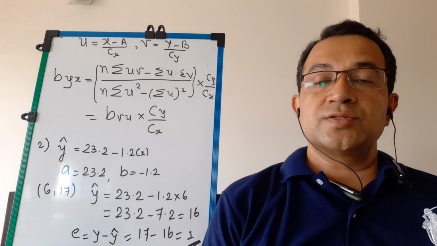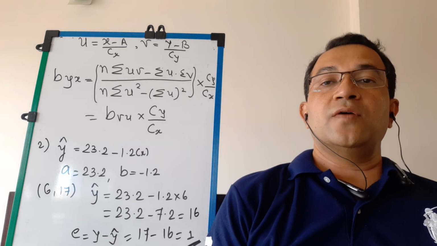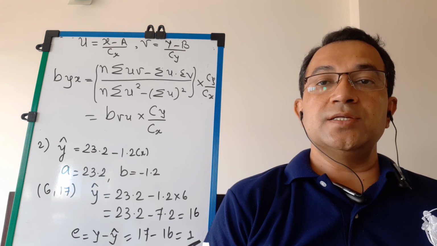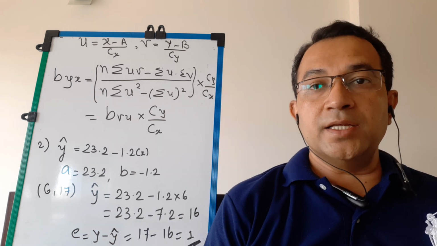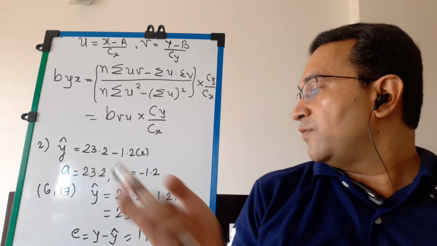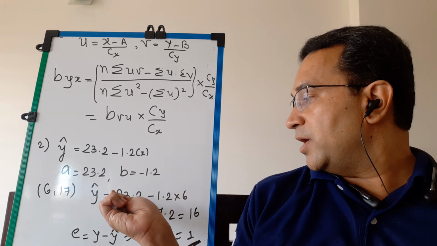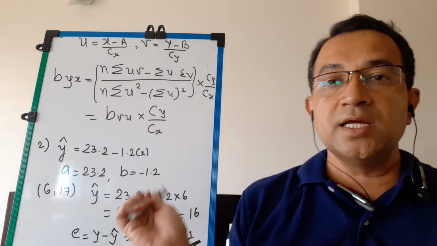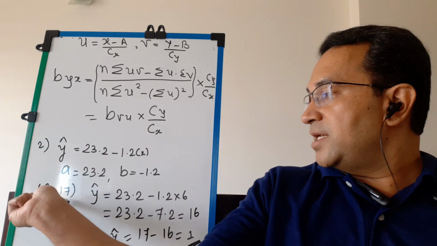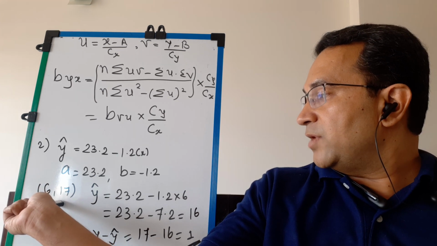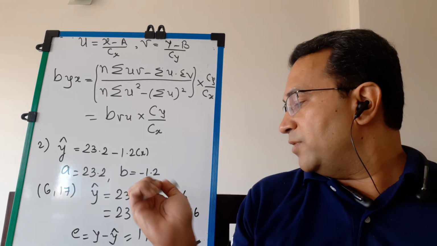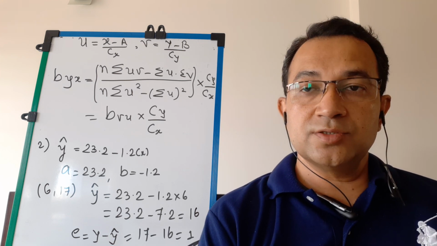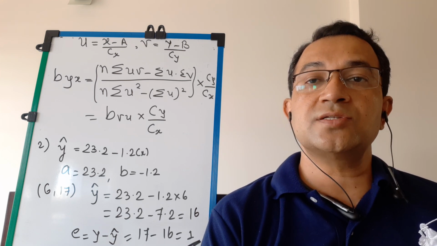This is how, students, we can use the formula for error in estimation: E is equal to yi minus yi cap. From the regression line, the estimated value for x equal to 6 has come out to be 16, while the exact value is 17. The difference between 17 and 16 is 1. So the error in estimation is 1.